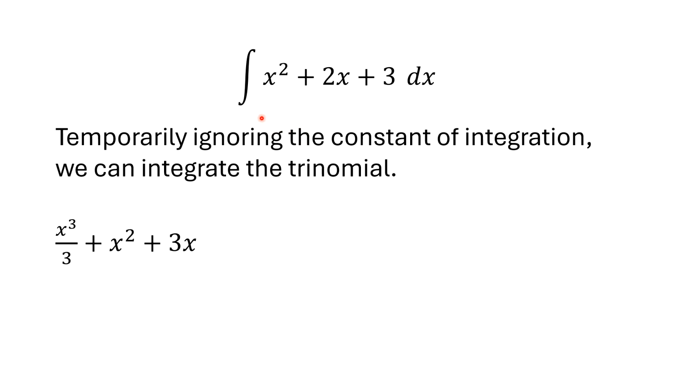Well, the integral of x squared is x cubed over 3. The integral of 2x is 2x squared over 2, and of course the 2 is canceled, so that's just x squared. And the integral of a constant, 3, is just a constant times x, so that's 3x. That part is done.